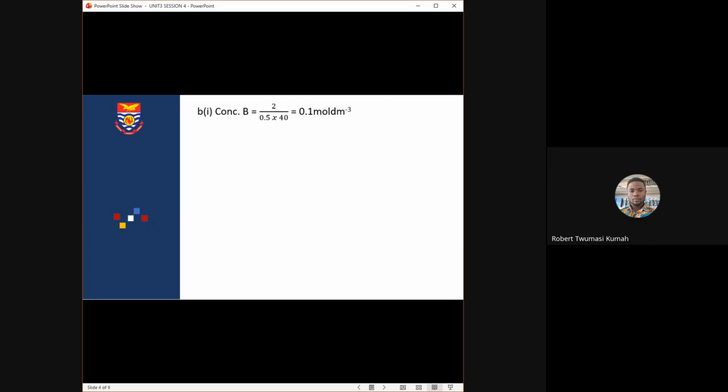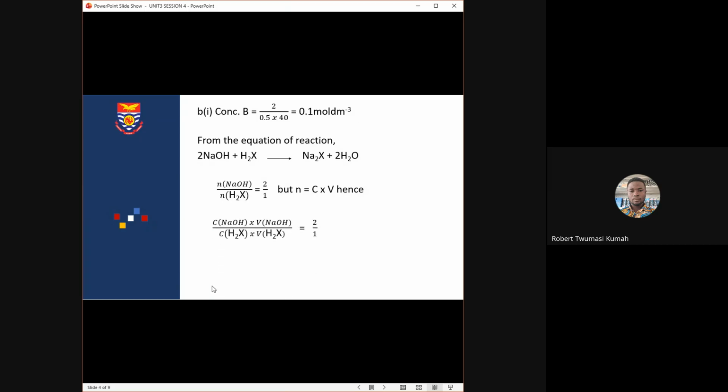So we have the C of NaOH here. Then V of NaOH is the pipette volume. Then we come here. The C of H2X is what we are looking for. So that one should stand somewhere. V of H2X is the average titer.